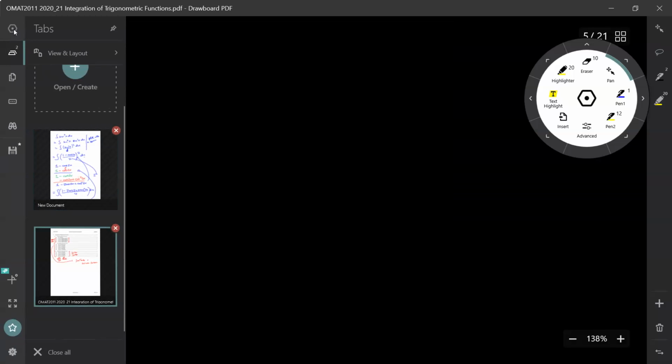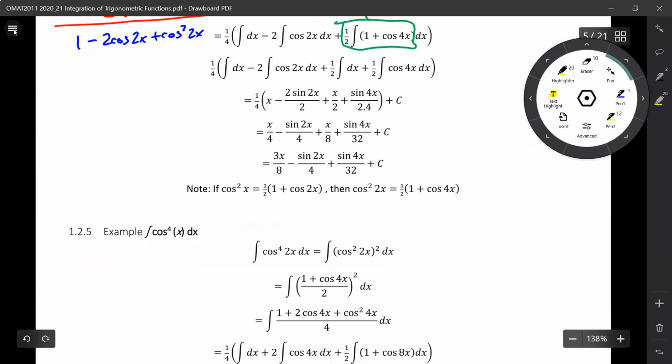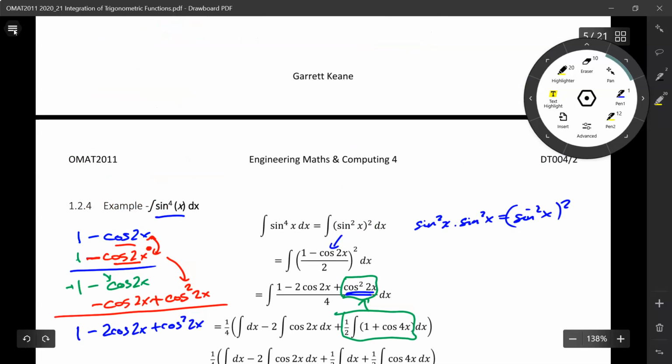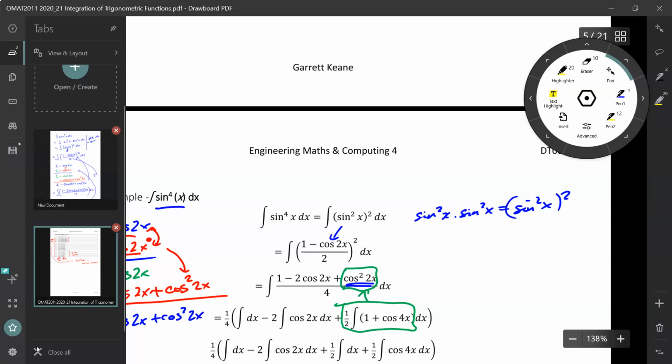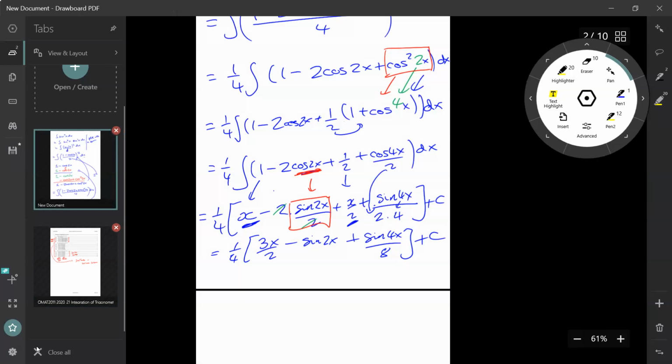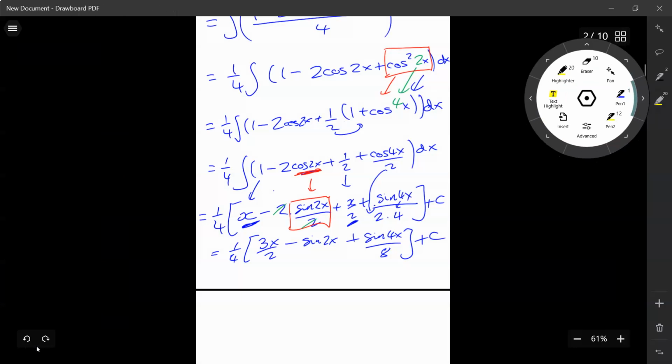And is that what I got here? Oh, you got 32. I divided across by the 4. If we come back out to my solution, he's divided across by the 4. I've divided across by the 4 in the notes. So 4 times 2 is 8, minus sine 2x over 4.